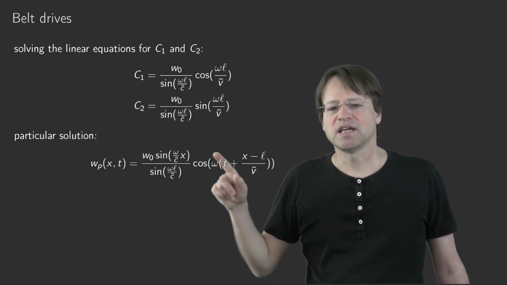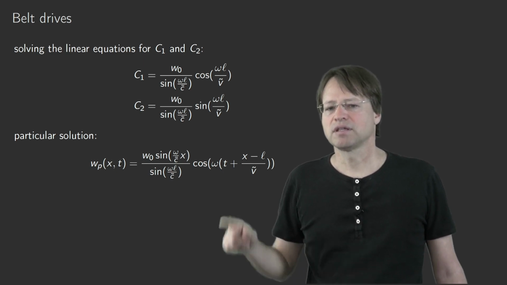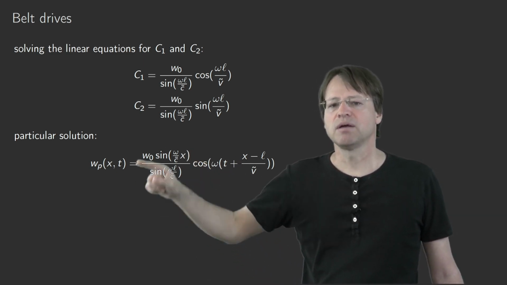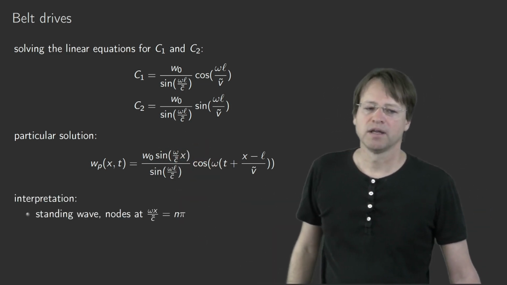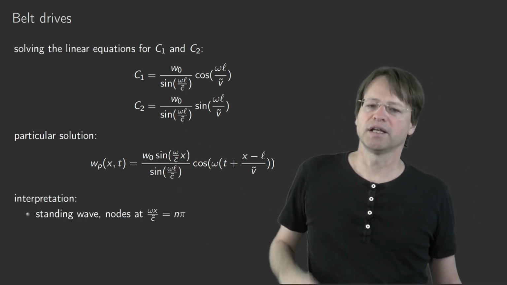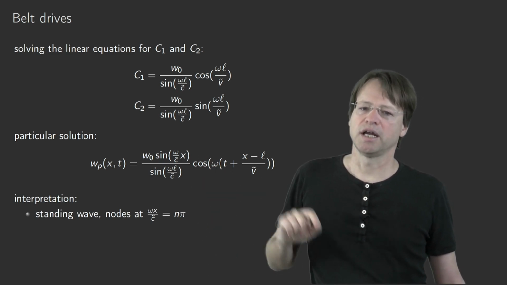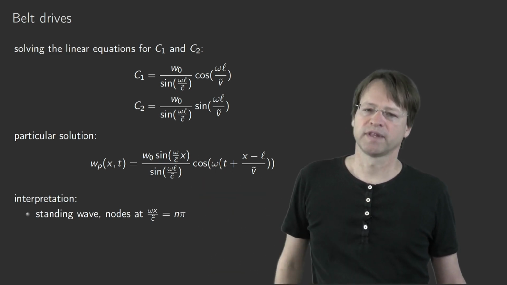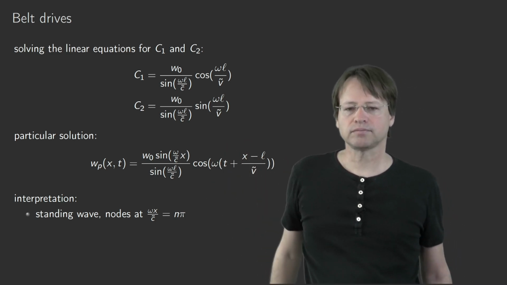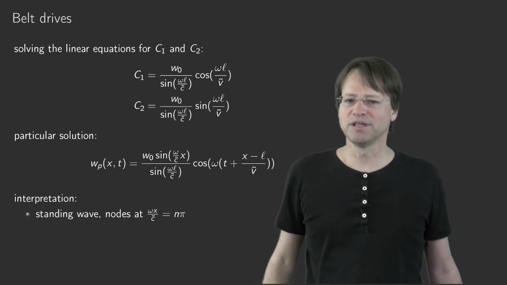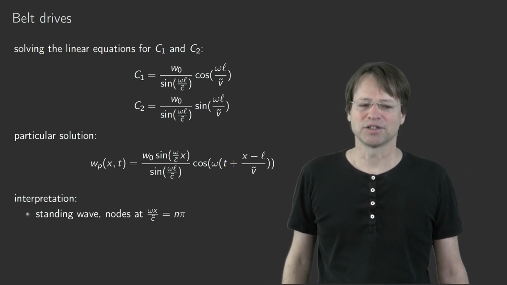And we have standing waves, namely there are nodes, positions x, where the amplitudes are equal to 0. These nodes appear at omega x divided by c, so the argument of the sine function, being a natural number times pi. Then the amplitude will vanish, so there would be a node, a value where the amplitude is minimal, is 0.